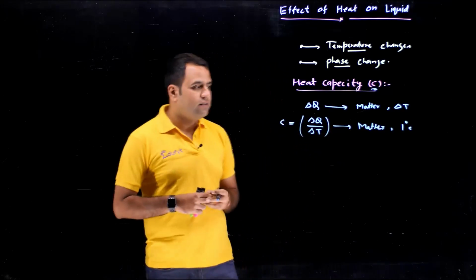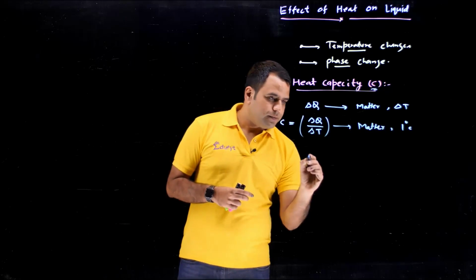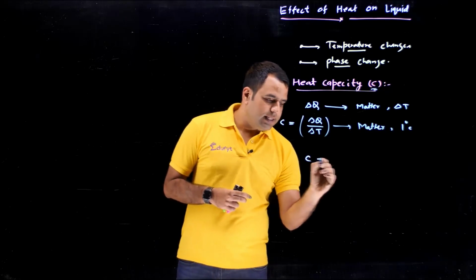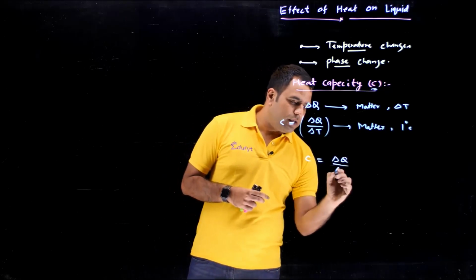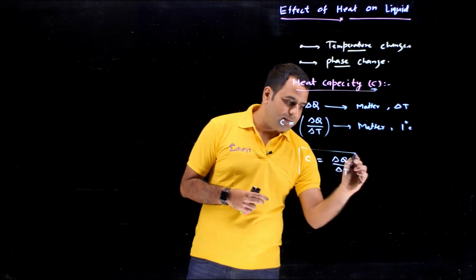It's a small c we use here. So C is delta Q upon delta T. That sort of becomes the formula.